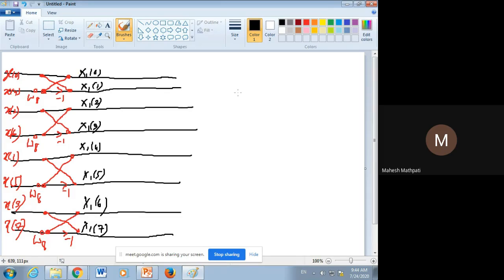Okay, so first let's write stage 1 computation. You can write stage 1 computation.